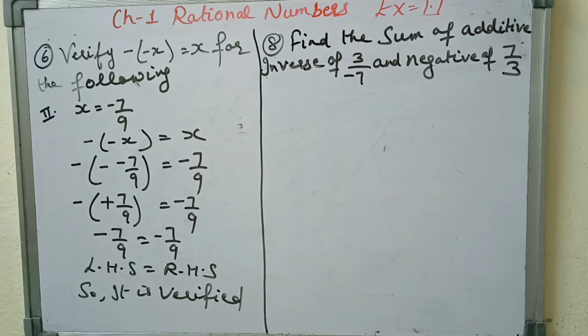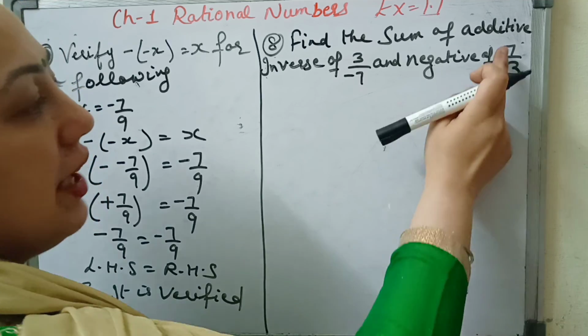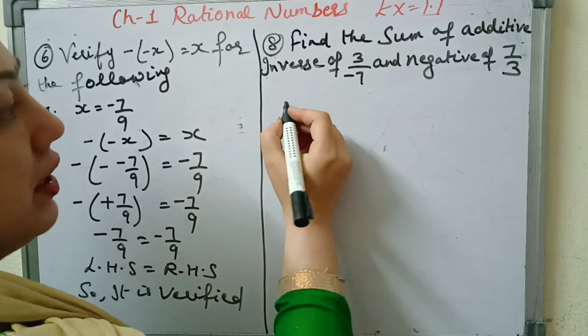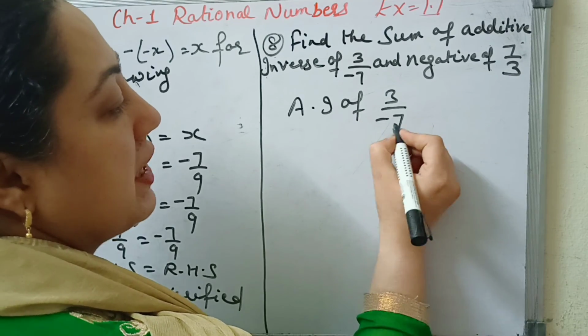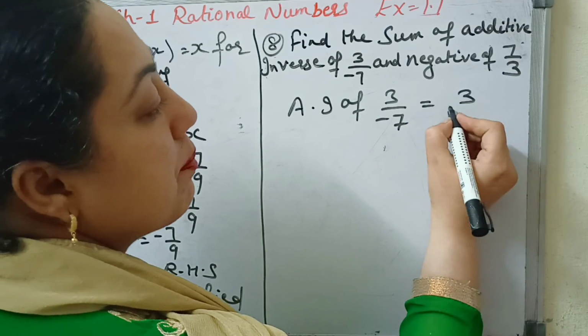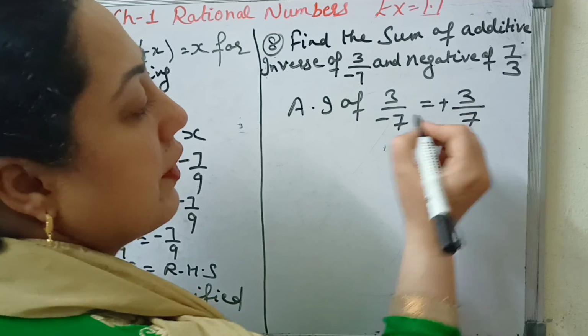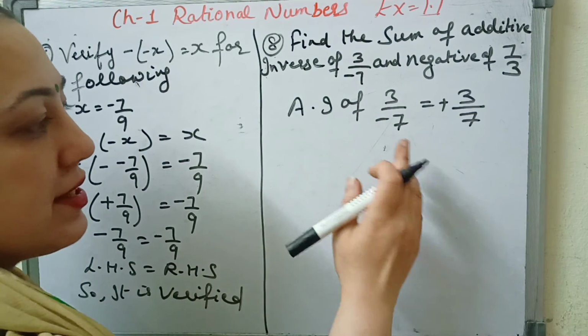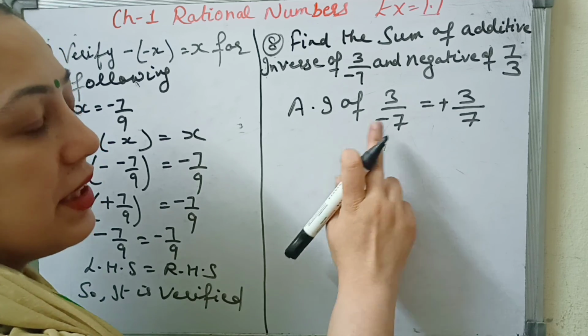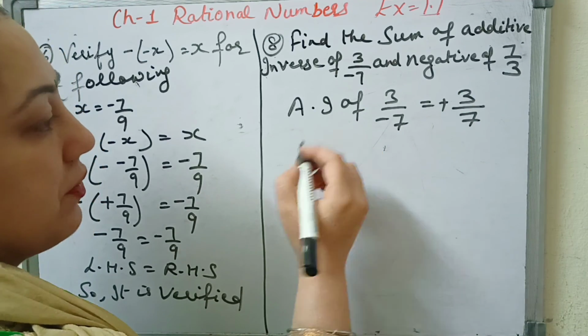Sum number 8. Find the sum of the additive inverse of 3 over minus 7 and the negative of 7 over 3. Now, the additive inverse of 3 over minus 7, you know it is plus 3 over 7. Right? Because in additive inverse, we simply change the sign of the term, and if the term is negative, it becomes positive.